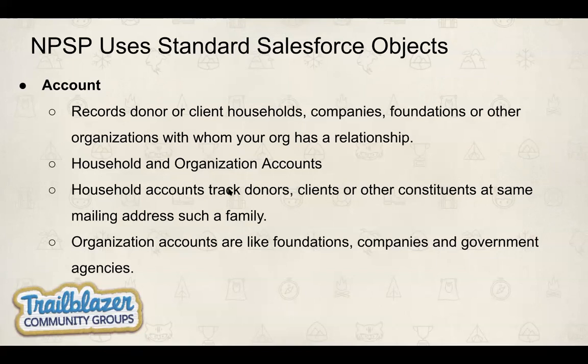So let's go through these slides so that we understand what is the difference between these objects. So first is account. It records donor or client households, companies, foundations, or other organizations with whom your org has a relationship, right? So if I take example of Sales Cloud, in Sales Cloud also we maintain accounts.